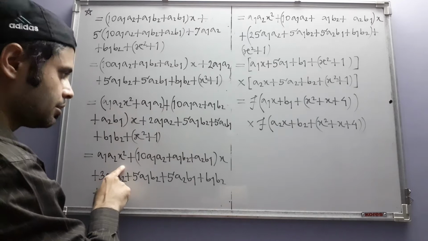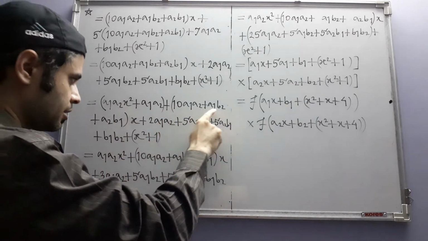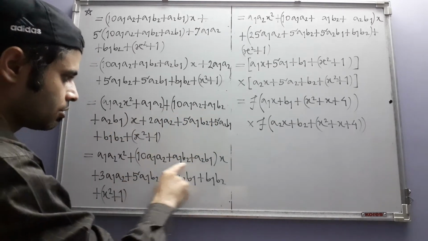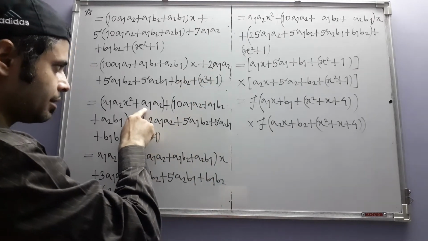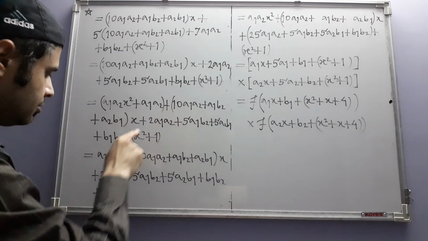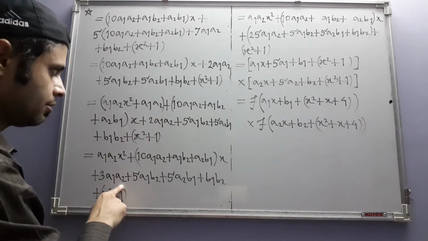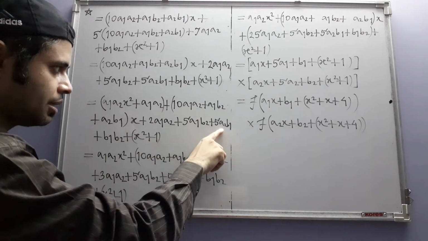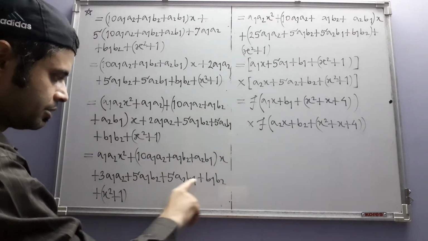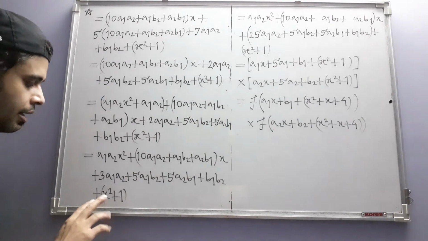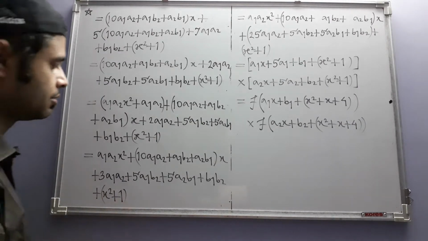Here we have a1 a2 x square plus the rest of the terms containing x, plus this 2a1 a2 and that extra a1 a2, they give us 3a1 a2, and the other terms 5a1 b2 plus 5a2 b1 plus b1 b2, they remain like they are. Okay, plus x square plus 1.